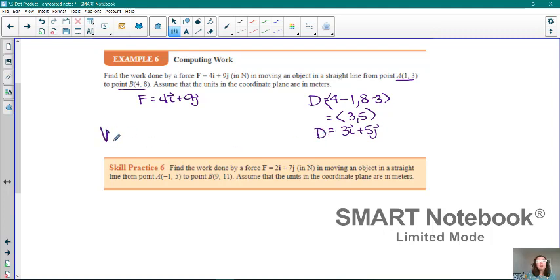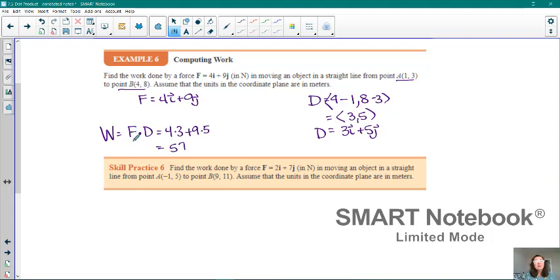Well, work is the dot product of the force vector and the displacement vector. So we know this is a scalar quantity, meaning it's just a constant. So 4 times 3, we multiply the horizontal components together, plus 9 times 5, and that's 12 plus 45, which is 57.